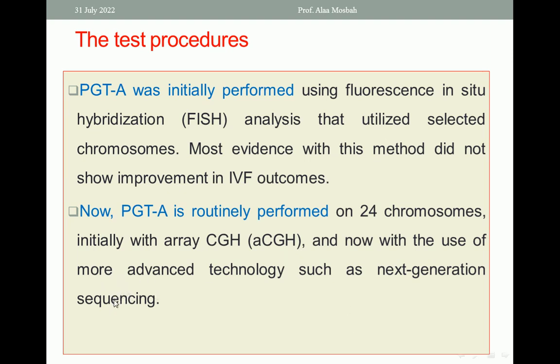Okay, so array CGH, then the most updated is next generation sequencing, and we are performing the test on 24 chromosomes, not only on selected chromosomes as in the previous fluorescence in situ hybridization analysis.